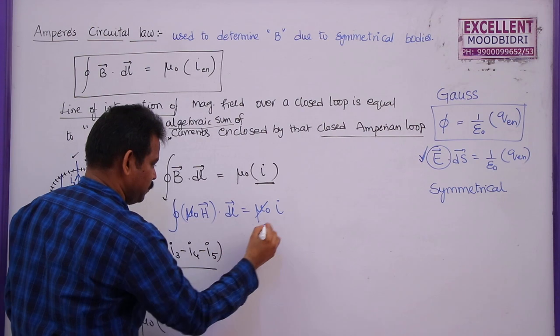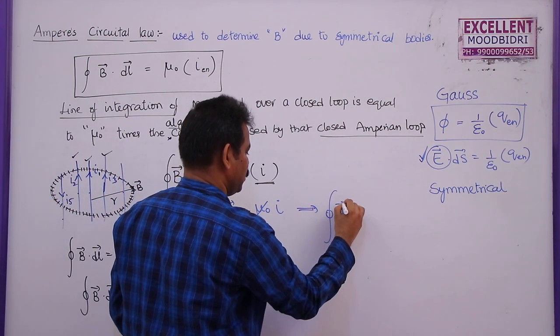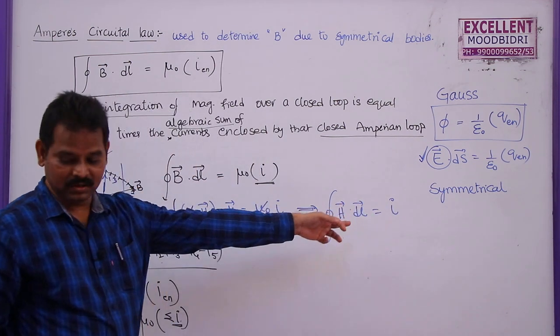The line integral of H bar dot dl bar is equal to I, where I is the current.